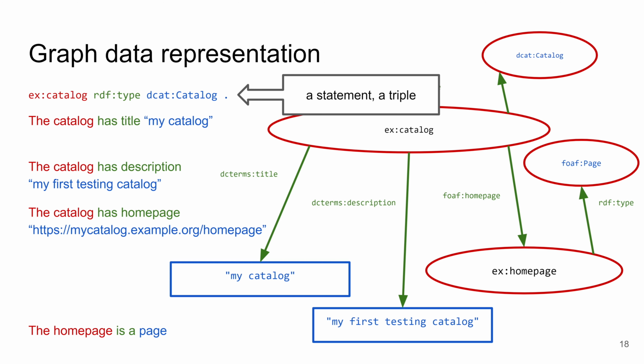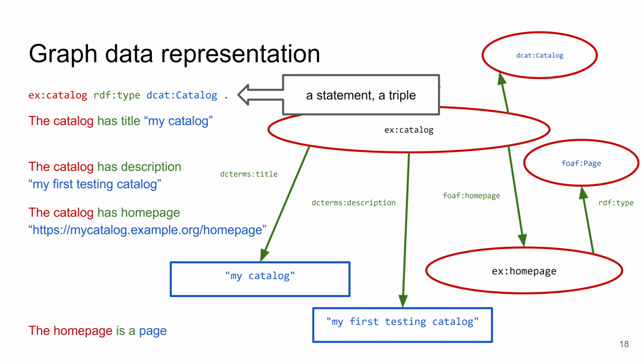And you'll see that the RDF triples can still be read the same as the original sentences. So here we replaced our first sentence with X catalog, which is the IRI of the catalog, RDF type, which is the IRI of the edge saying it is of a type, or which is a, and dcat catalog. Dcat catalog is the IRI representing the definition of a type catalog, or a set of all catalogs.